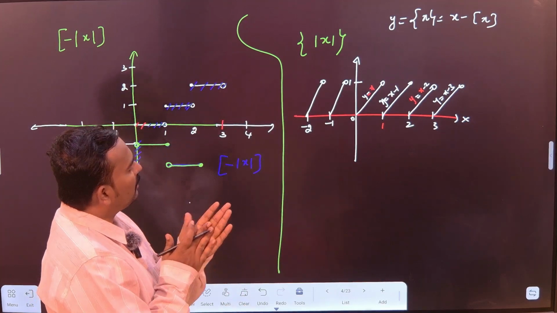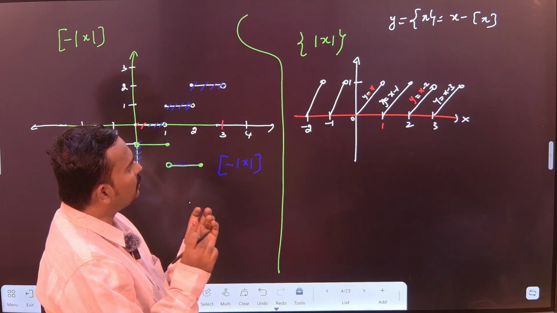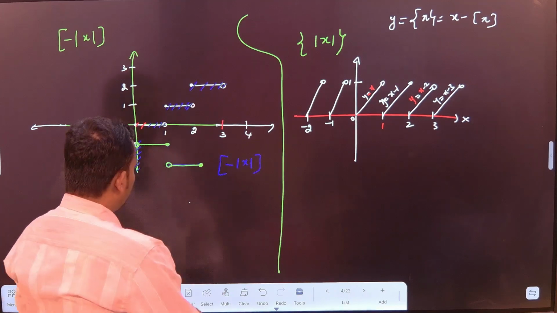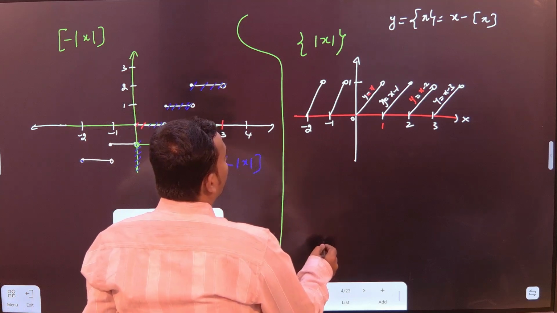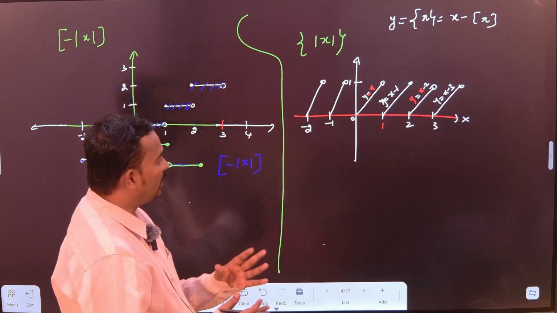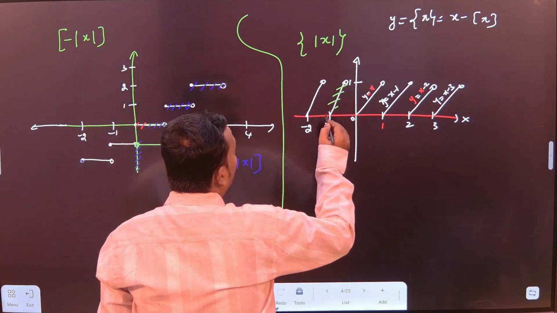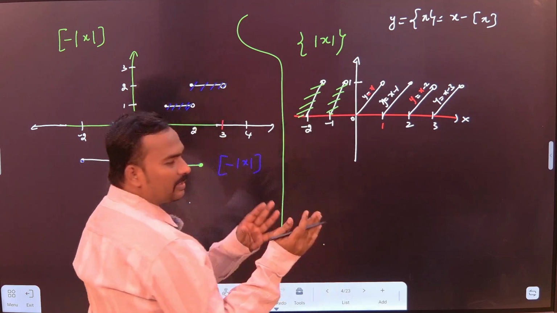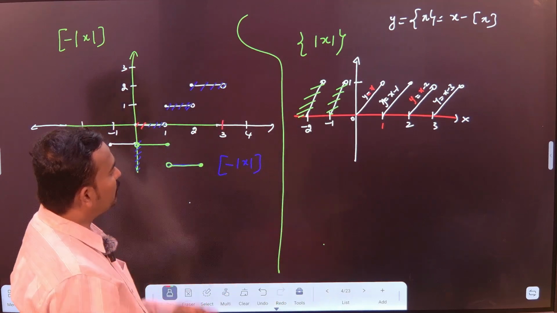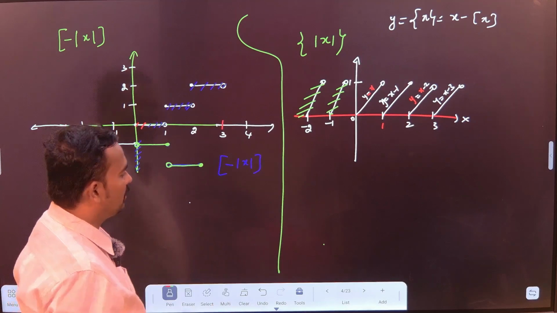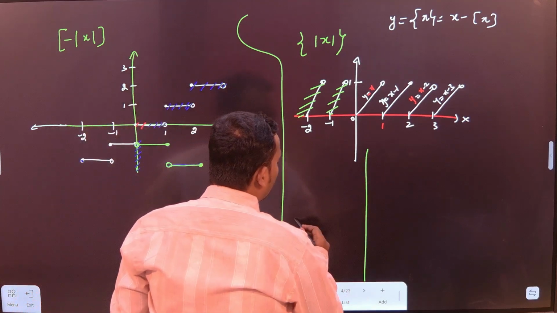Then how to draw the graph of the fractional part of mod x? Just what you can do, the left side part, whatever the x less than 0 is there, you have to remove it. Whatever the right side portion is there, you take the image of that.